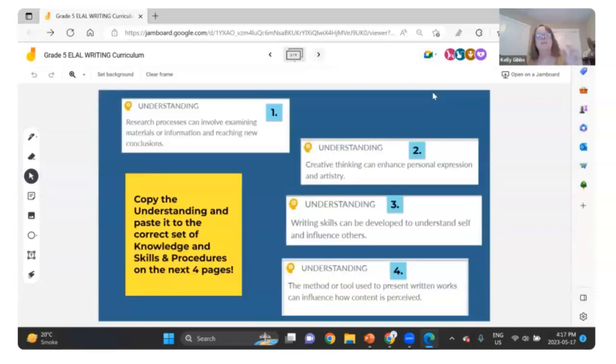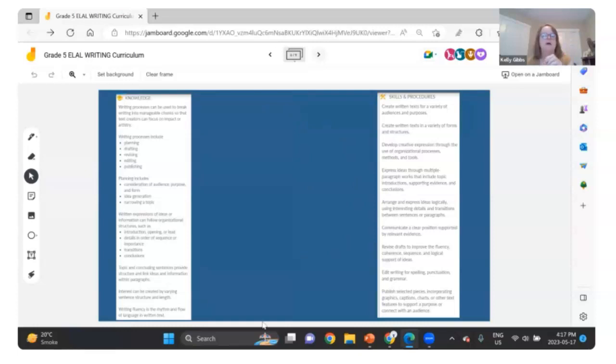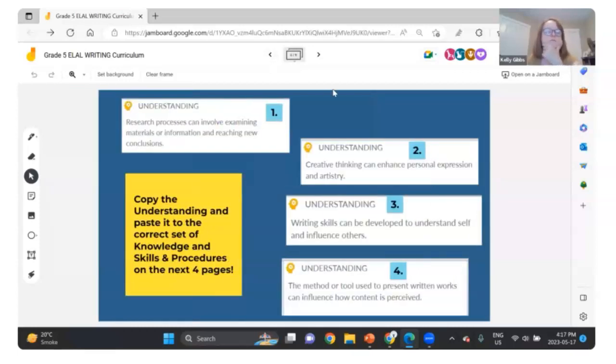And then I took out the understandings and I numbered them. They're not in order. But what I want you to do is find the understanding that matches the knowledge and skills and procedures, or just copy it and then paste it on. There are four understandings.